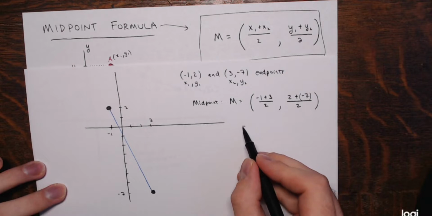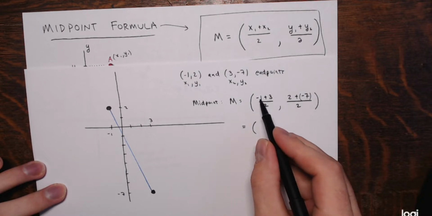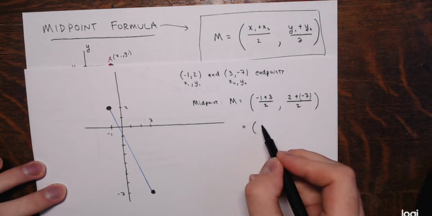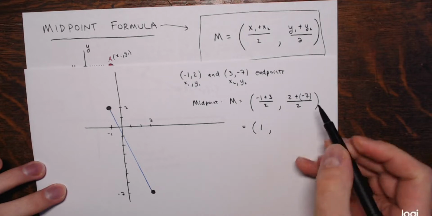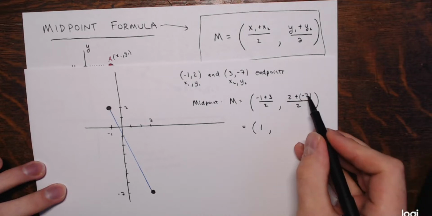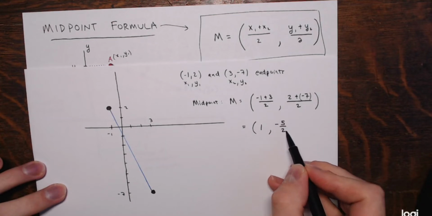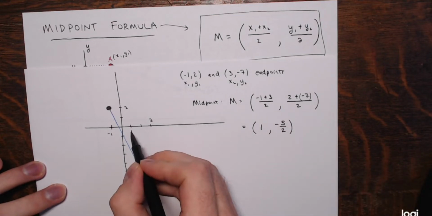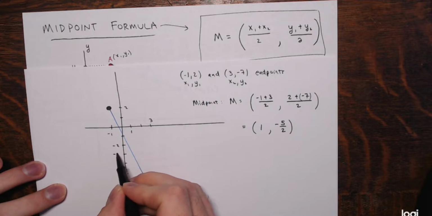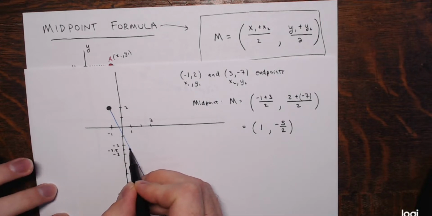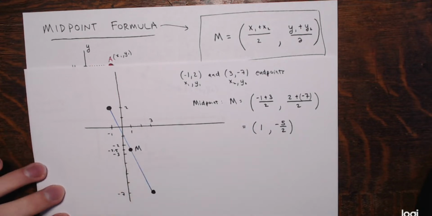So the x-coordinate: negative 1 plus 3 is 2, divided by 2 is 1. 2 plus negative 7 is negative 5, divided by 2, negative 5 halves, or negative 2.5. So 1 and then negative 2.5, about here. There's the midpoint, and that should be the same distance from both ends.